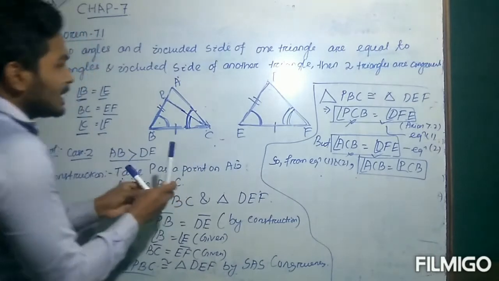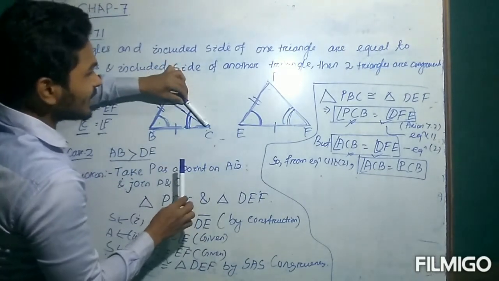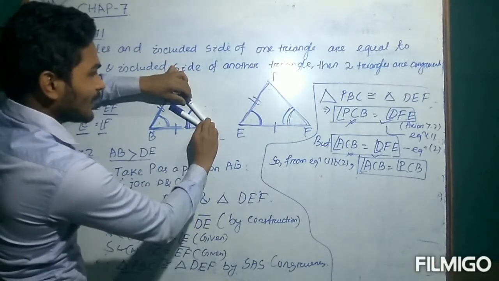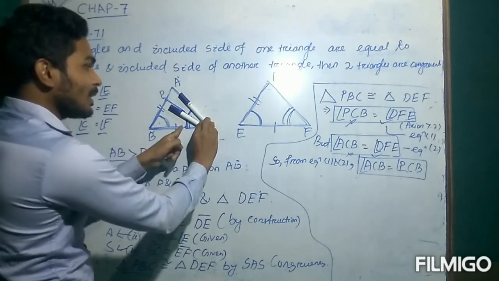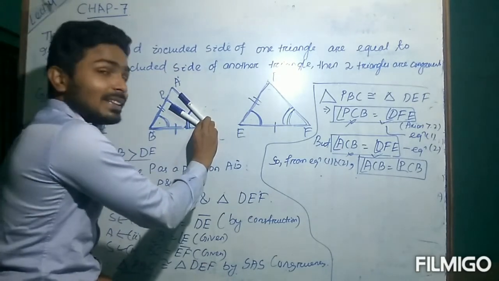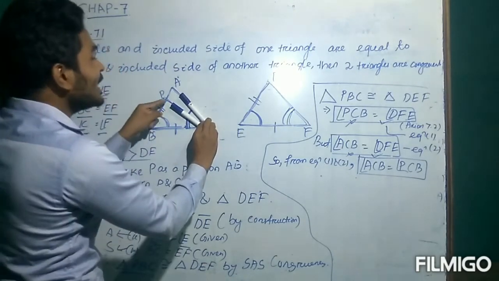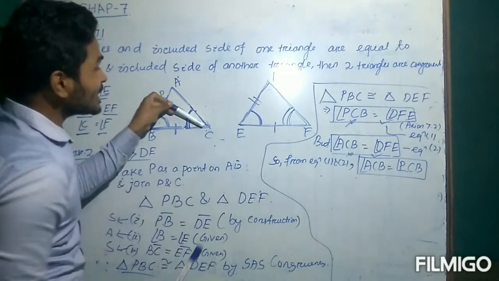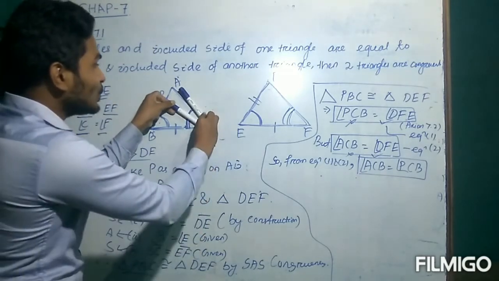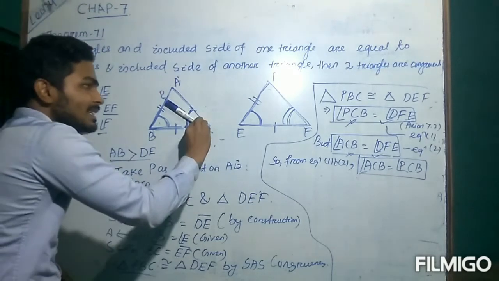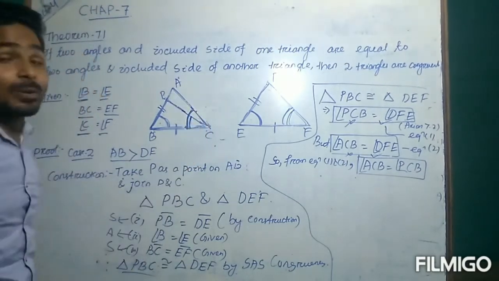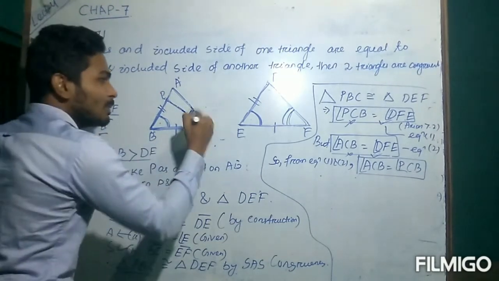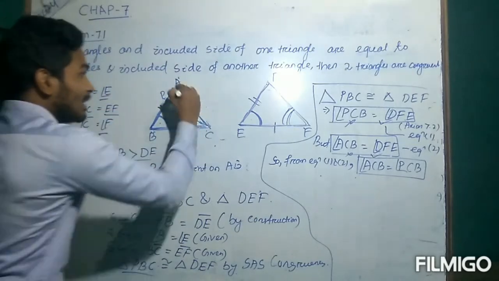See. Suppose this is the one side, this is another side, right? We have proved that this total angle is equal to the small angle. Then when will they be equal? If we shift this side PC to the side AC, then these two angles will be equal. Again, look at it.